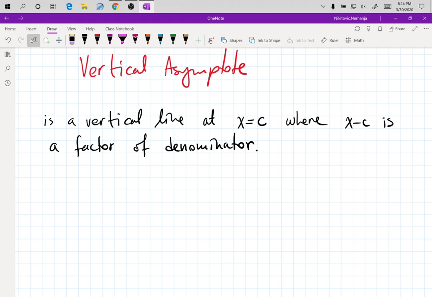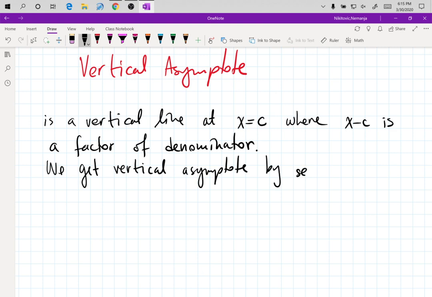So just to give a couple of ideas. Now there will be a much better definition of this in calculus. Right now we just say we get a vertical asymptote by setting the denominator equal to 0.